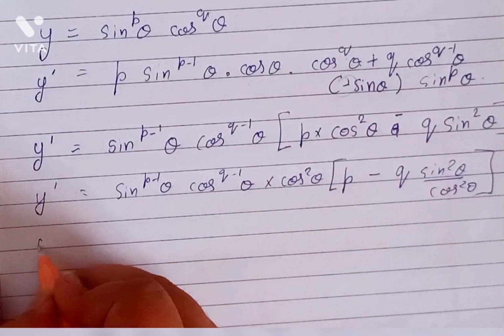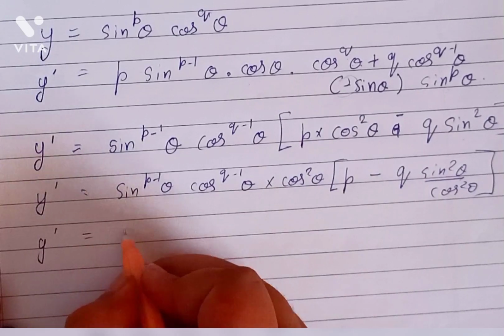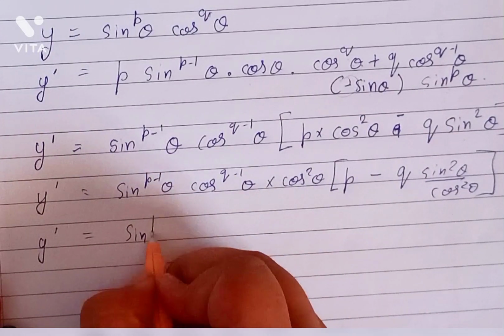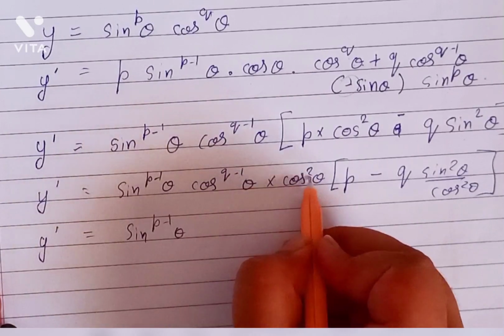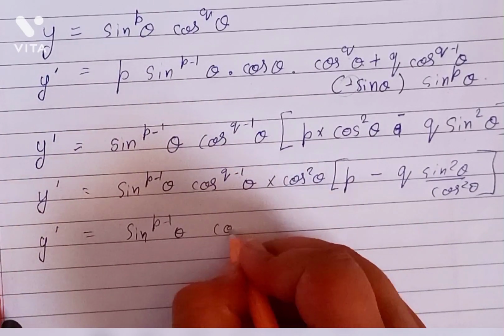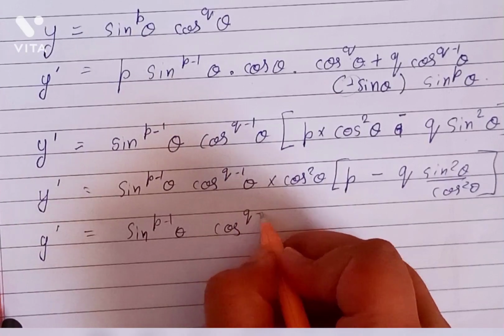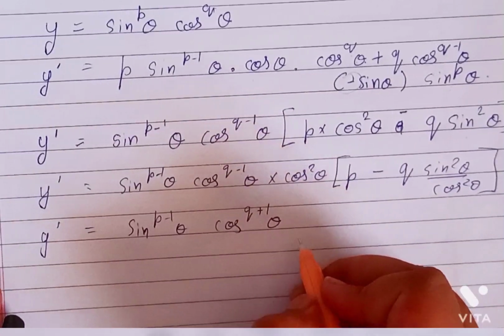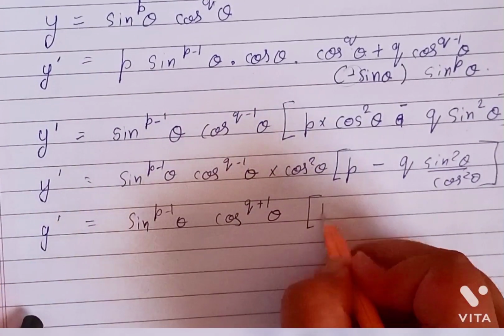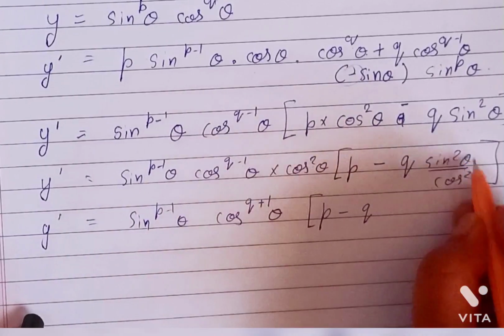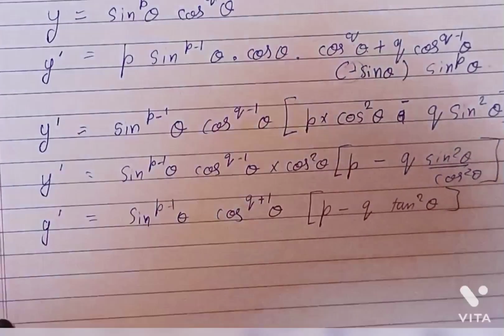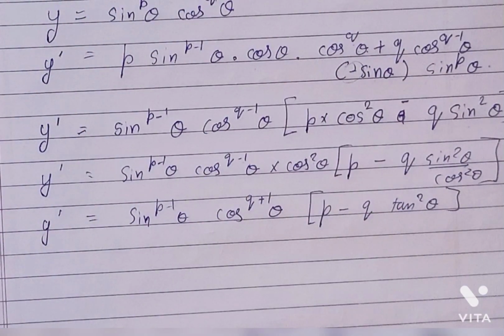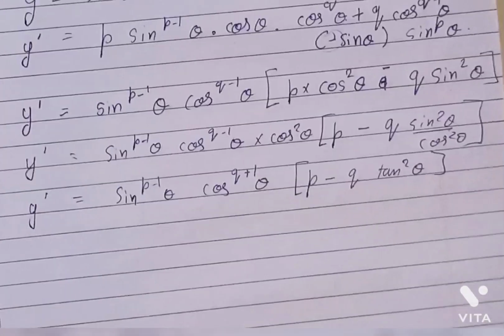Now you could see y is equal to sin to the power p minus 1 theta, cos to the power q plus 1 theta, since q minus 1 plus 2 is q plus 1. Then p minus q tan square theta.